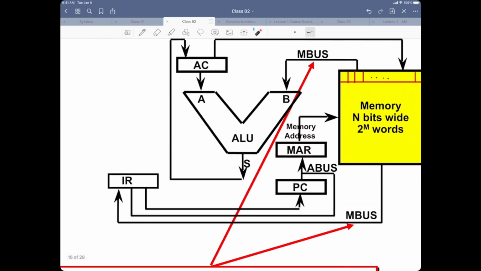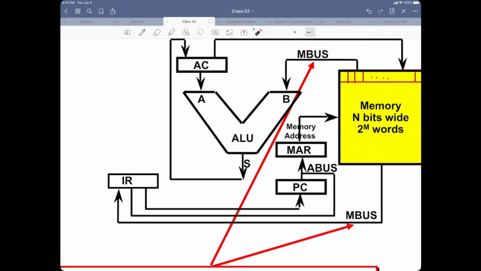We are going to again initiate a memory read sequence. And then when you read that particular operand, that is going to move through the memory bus to ALU B, right? So that's your operand fetch. Then you execute. ALU does that. And you increment the program counter by 1 so that you can do the next instruction. You guys see that? All right.